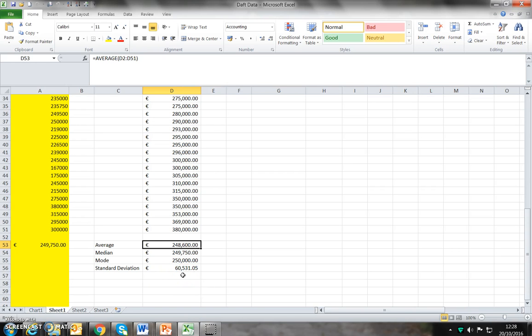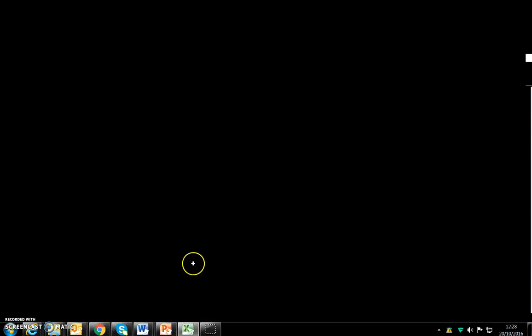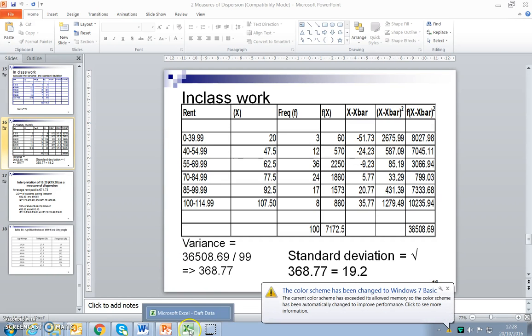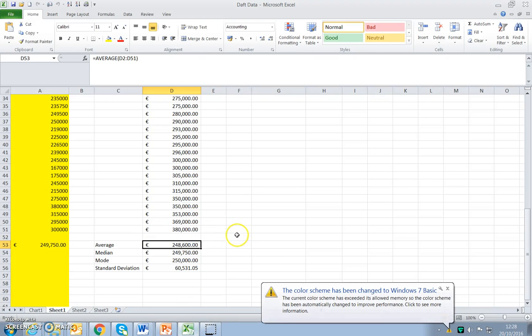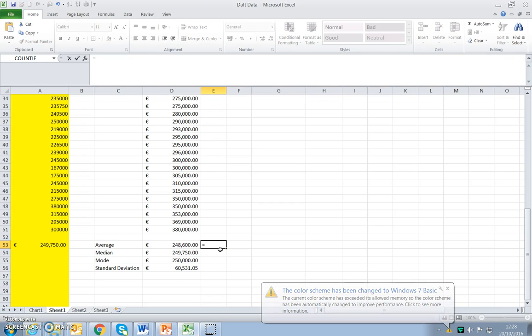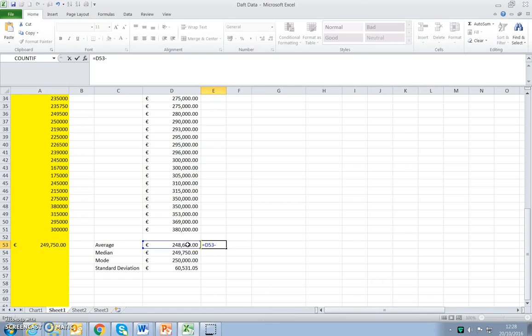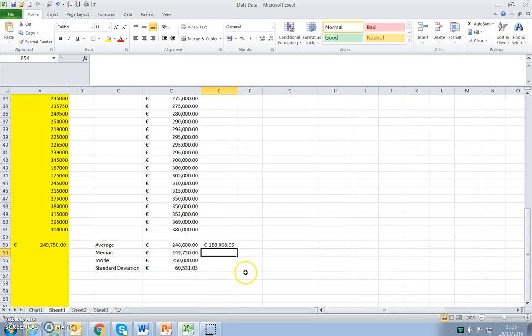So you have 68% of your sample, more or less, within one standard deviation above or below the mean. So what you could do is have equals the average minus one standard deviation and equals the average plus one standard deviation.